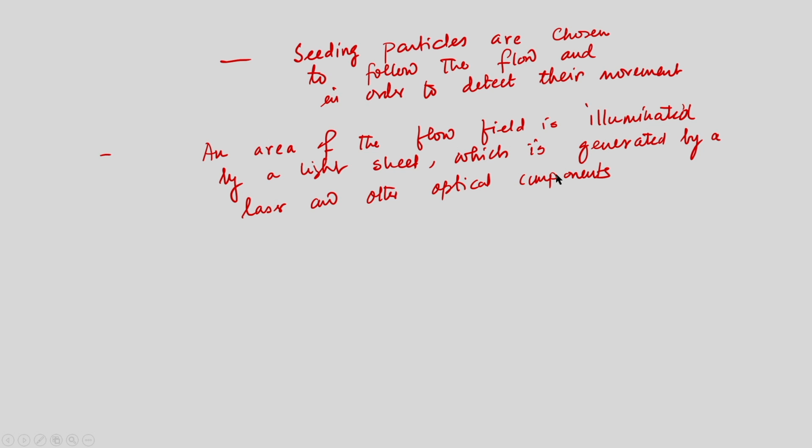So, an area of flow field is illuminated by a light sheet which is generated by laser and other optical components, that is what we have seen. So, we need a laser source, we need lens and different other accessories, those we could not show in the schematic, fine. So, this is important.